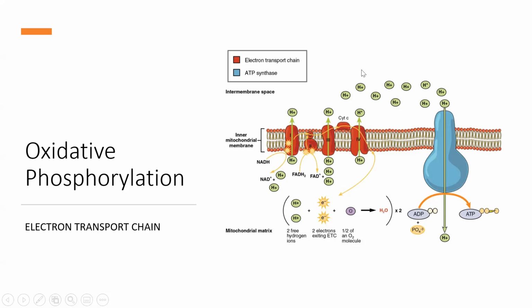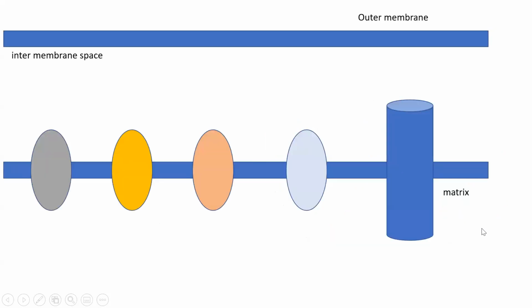So inside of this here, we're going to pump all of these hydrogens from those energy carriers. And ultimately what happens is a gradient of high to low comes through ATP synthase, which is this little blue blob right here. And at the end here, it's going to basically convert ADP to ATP, which is how we produce so many ATPs. So this is just another example, a different picture.